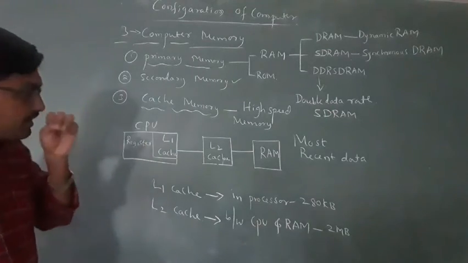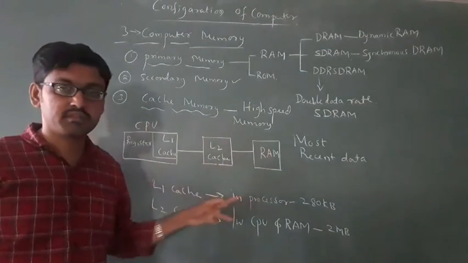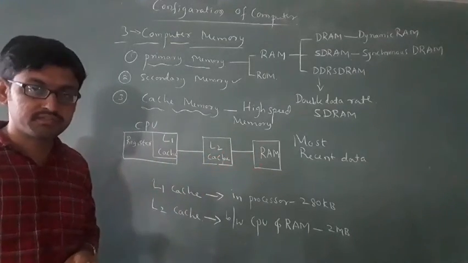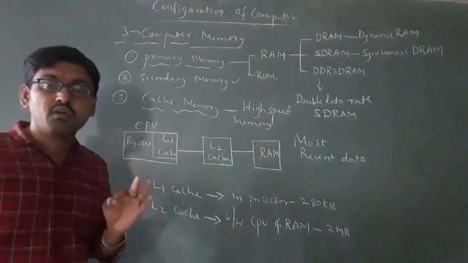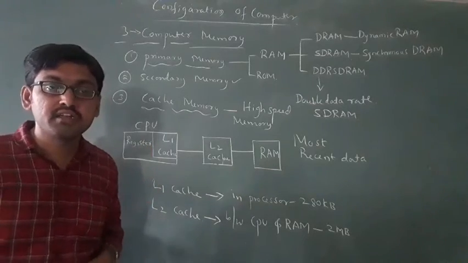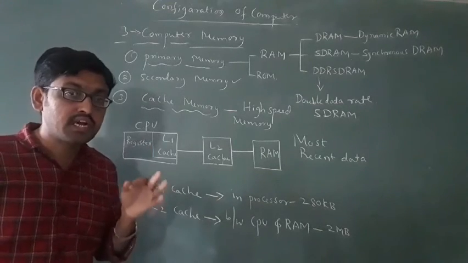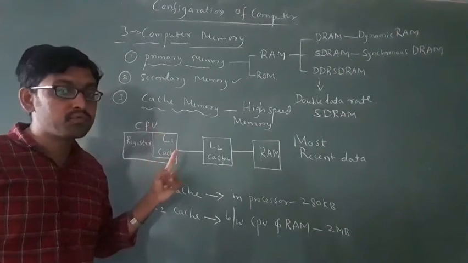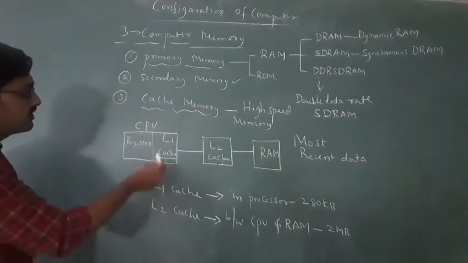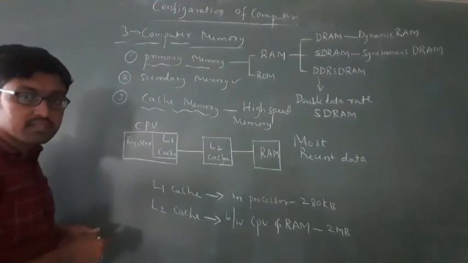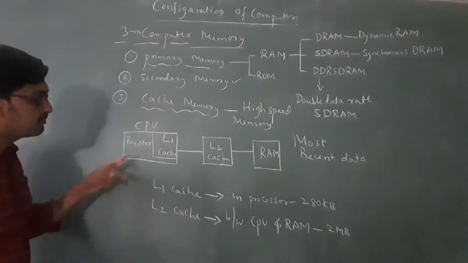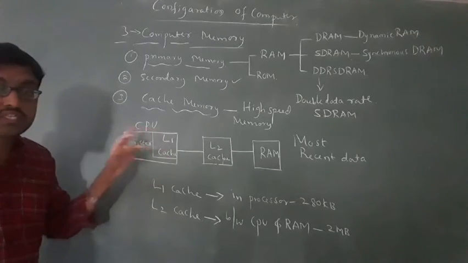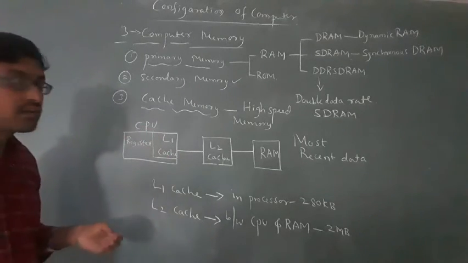Okay, then how it will process. Explain the working of cache memory. First, you already know who processes data in a computer. Who processes the data in a computer? The CPU processes the data in a computer. Okay, during processing, the CPU asks the data to the L1 cache.